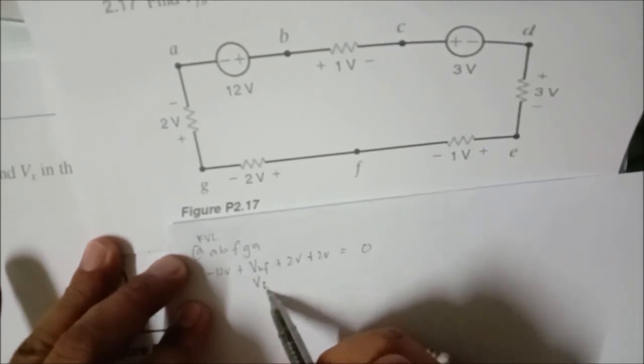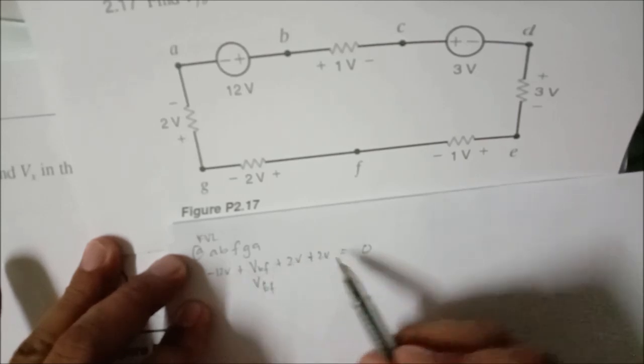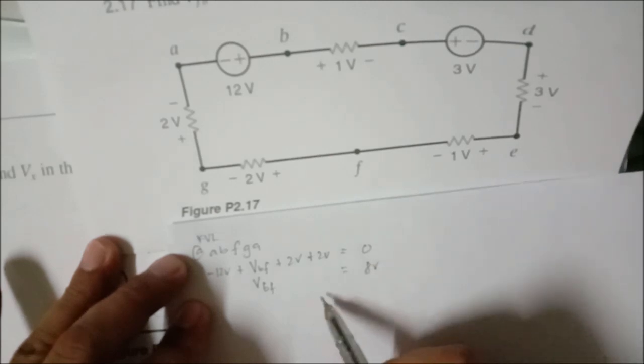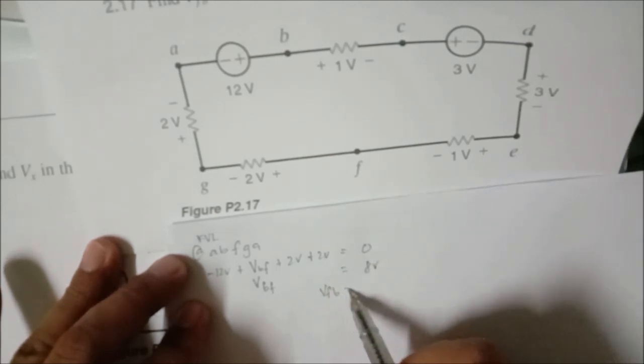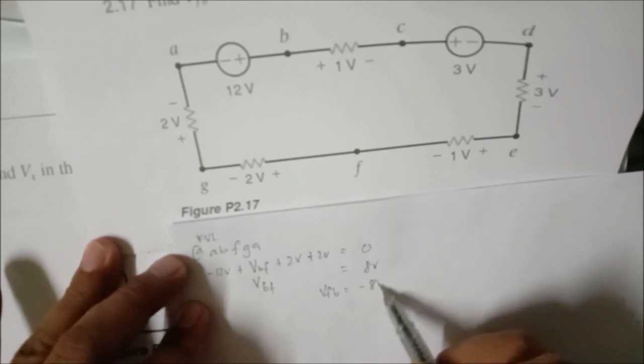V sub BF is equivalent to negative 12 plus 2 plus 2 is equal to negative 8, so 8 volts. Kaya lang, hinahanap natin ay V sub FB is equal to pabalik na lang siya, negative 8 volts.